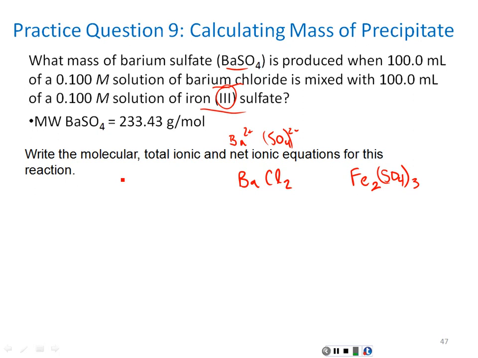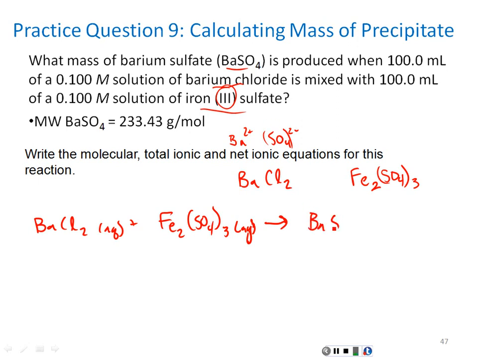All right, let's write the molecular equation. So we have barium chloride aqueous plus iron sulfate aqueous, and that goes to barium sulfate, which is our solid precipitate, plus iron chloride.